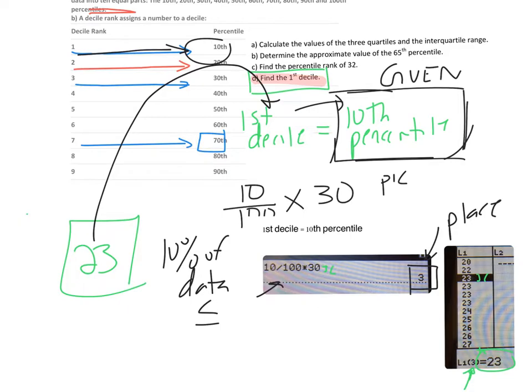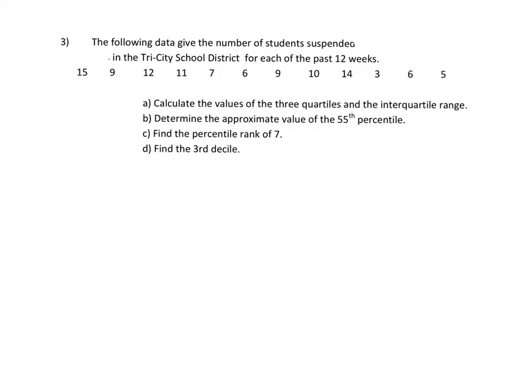Here's a new data set that I want you to use. Take a moment, enter the data into your calculator. Here they're telling you that there's going to be 12 data values. So make sure when you enter your data into your calculator and run your 1-var stat test, take a picture of your 1-var stat test and supply it on the worksheet.